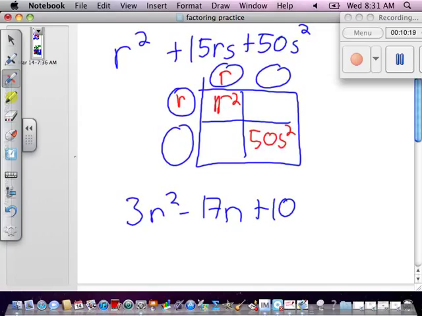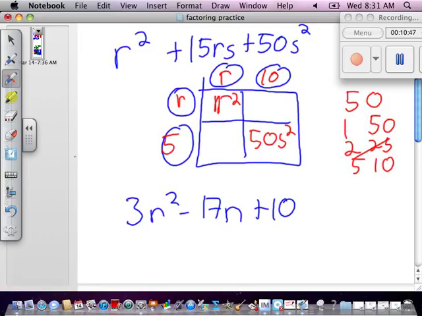Okay, what things multiply to give us 50? 1 and 50, 2 and 25, 3 doesn't, 4 doesn't, 5 and 10, 6, 7, 8, 9 doesn't, and then I'm back at 10. Okay, so 5 and 10, do they add together to give us 15?